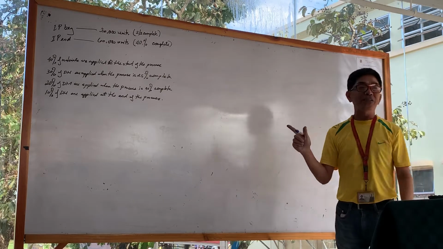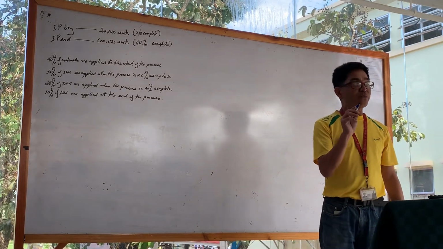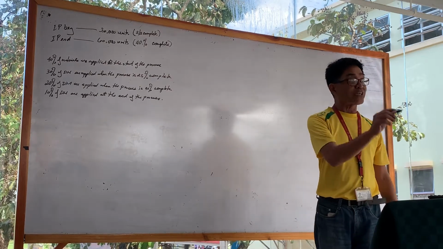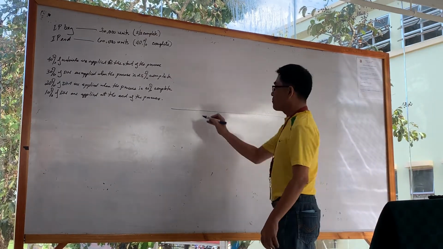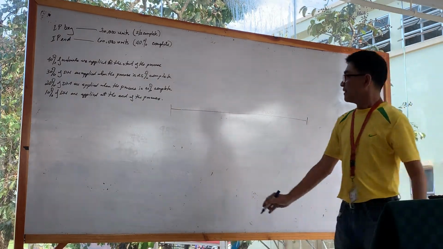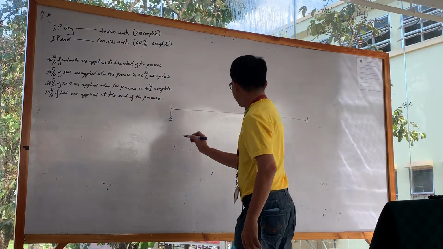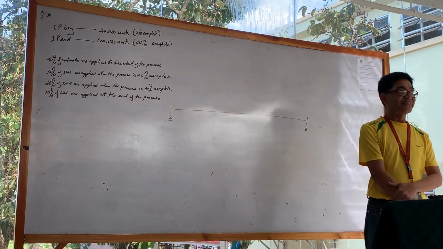The best way to determine the equivalent production of your inventories is to draw what is known as a number line. This is the start of production and this is the end of production.